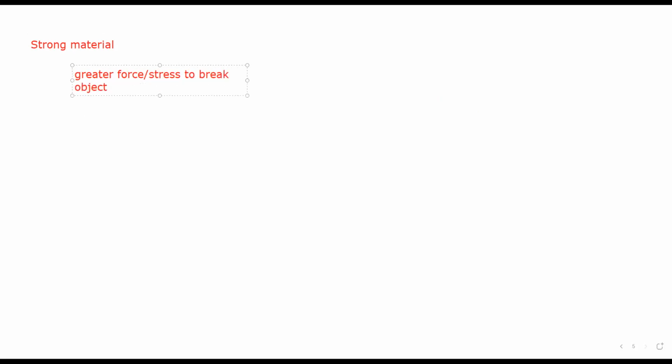It is independent of what kind of deformation. The object may have plastic deformation, may have elastic deformation, any kind of deformation, but you need a greater amount of force to break down the object.